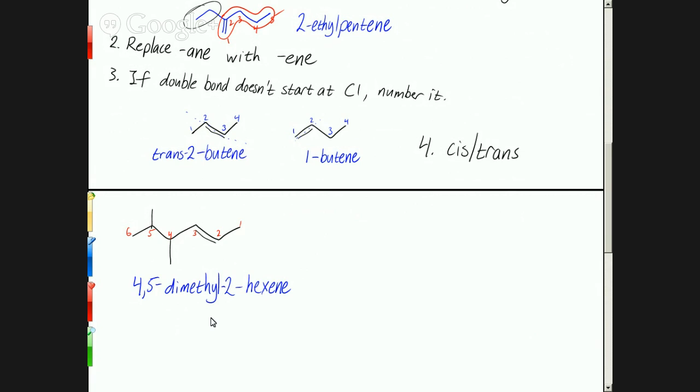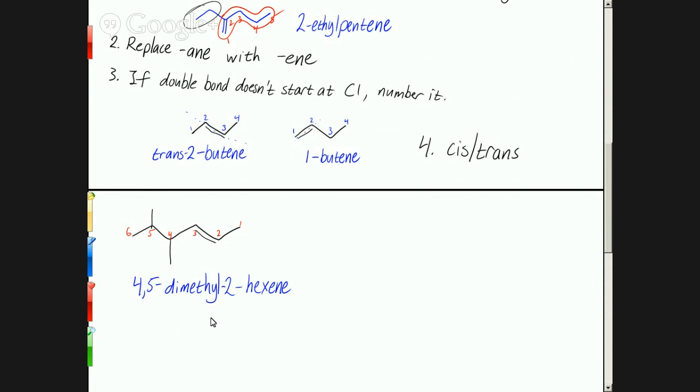Is that it? There's actually one more thing we need here. Trans or cis. So what is it, trans or cis? What do we think? How do we figure that out?